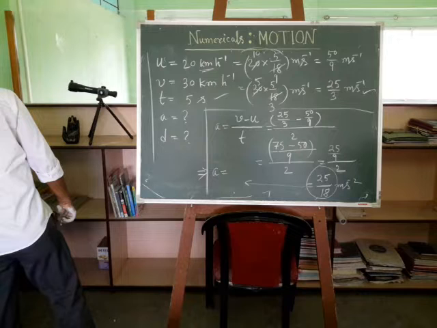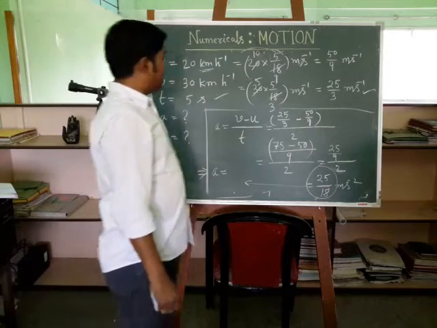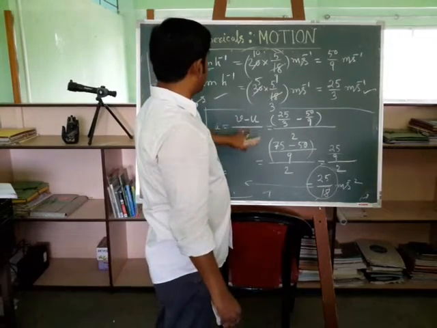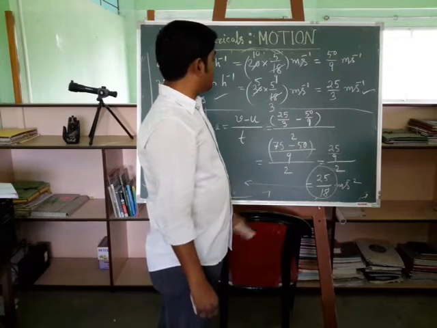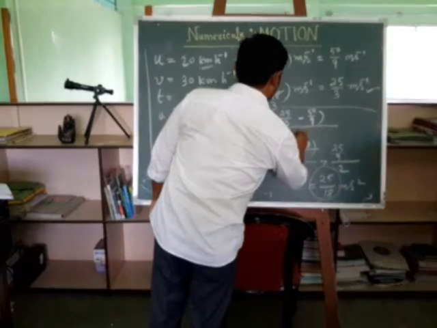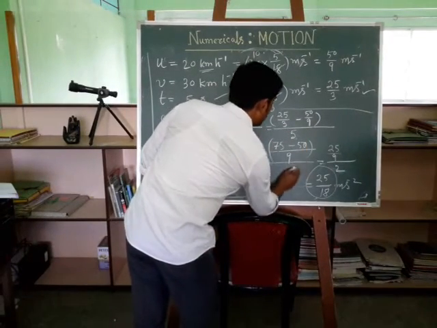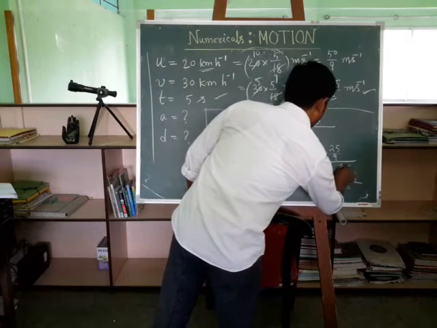25 upon 9. Is anything wrong here? A equals to V minus U by T. 25 upon 3 minus 50 by 9 by, oh, this is not 2, right? The time is not 2. This is our 5.